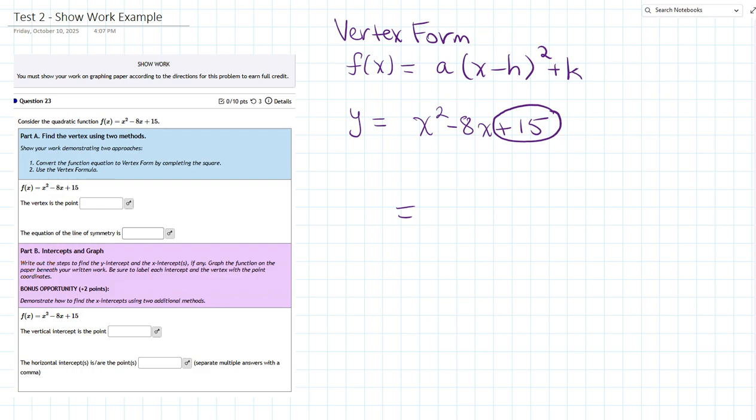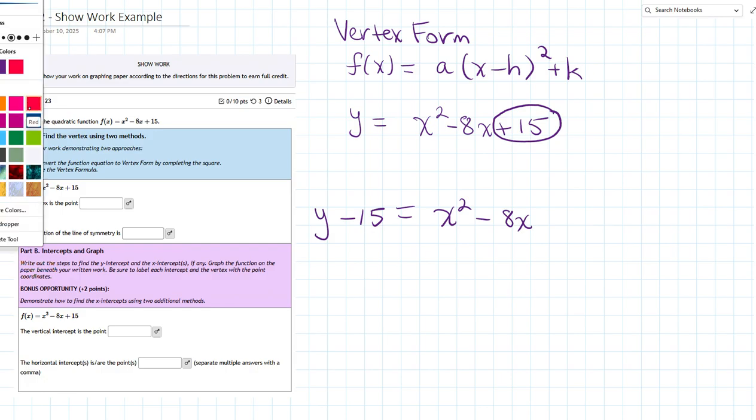So we are going to take the 15 and move it to the other side of the equal sign. I would do that by subtracting 15 from both sides, and then I would have on the left y minus 15, and on the right just x squared minus 8x. Now I can complete the square, making that trinomial on the right-hand side into a perfect square trinomial.